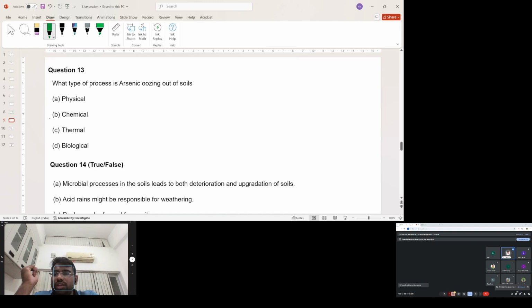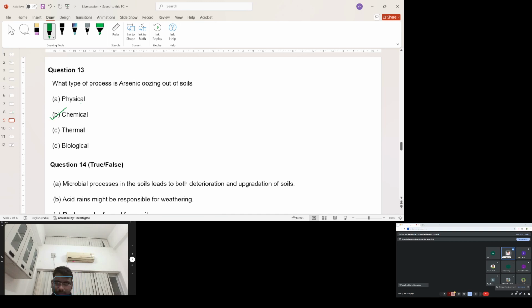It may not be a natural process, but due to several sources of contamination of the ground, we are experiencing this arsenic content, which is also present in groundwater in some regions of India itself, which indirectly leads to several health hazards in that region.